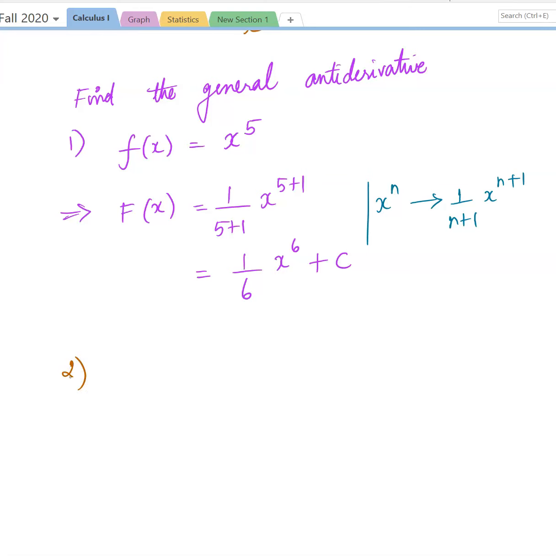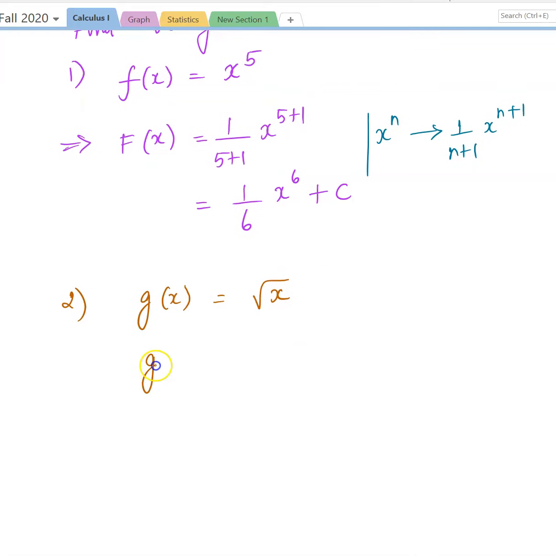Problem number 2. G of x equals square root of x. So before we begin the problem, we want to rewrite this square root of x as x power half. In this case, your k is half. If you're using the formula, it uses k or n.